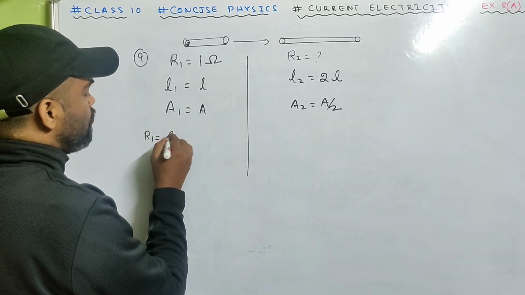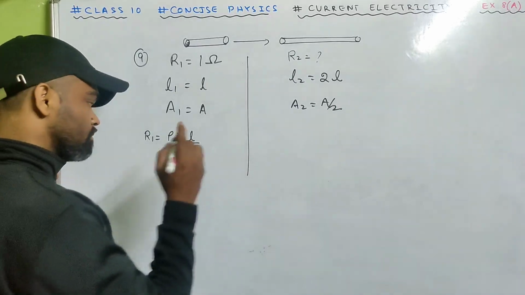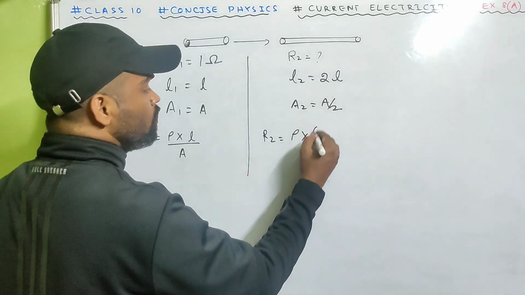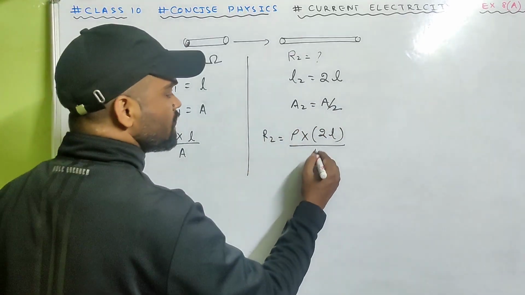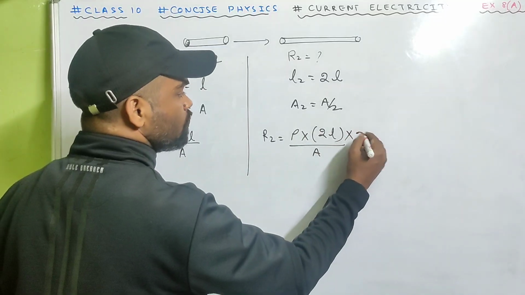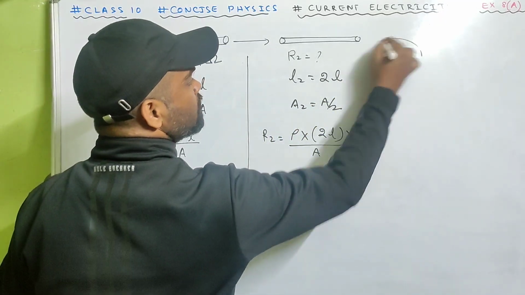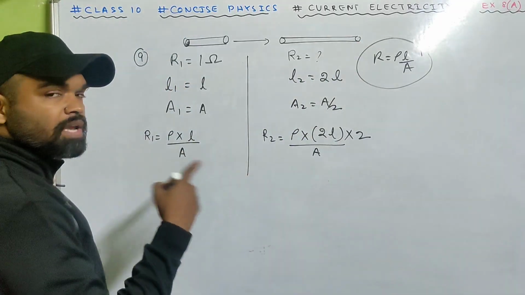R1 is equal to rho L1 by A1. R2 equals rho L2, now L2 is twice L, by A2, that's A by 2. So 2 goes up. The formula is rho L by A. Yes or no? Rho will be same because it's the same material.